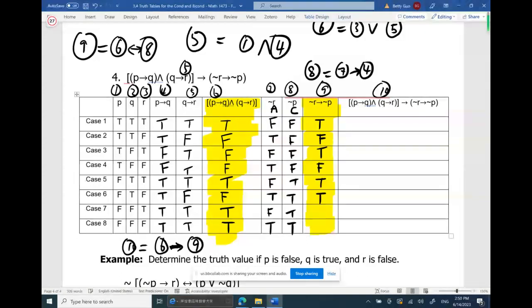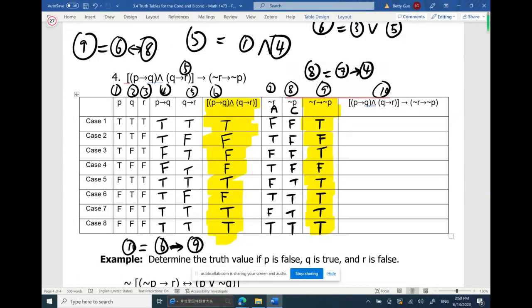Trust friends forever. Temporary. Okay, so now let me double check. So not R. Number 7 is the antecedent. Number 8 is the consequence. Trust friends forever. All other cases are not.